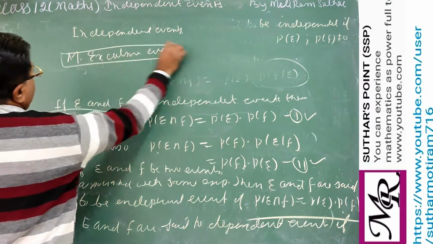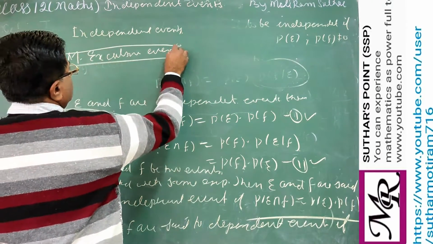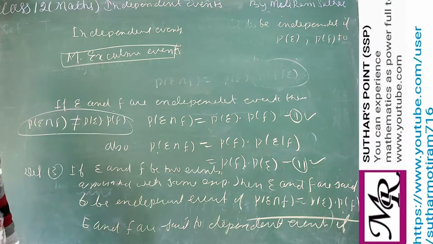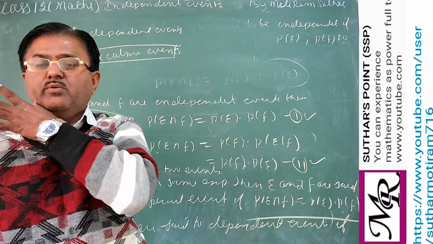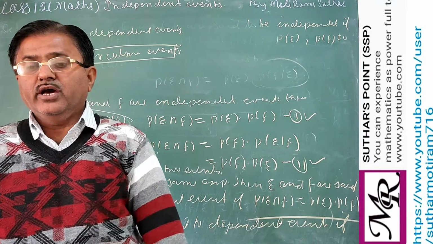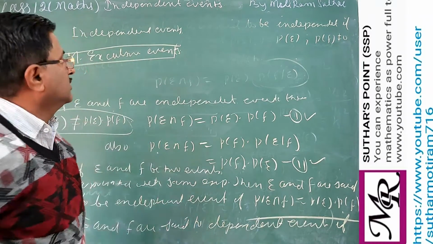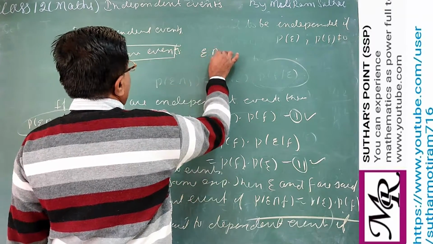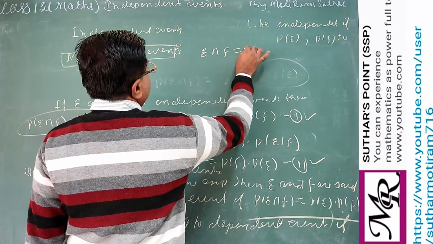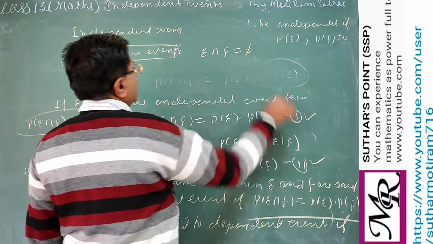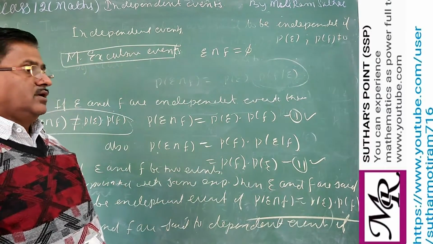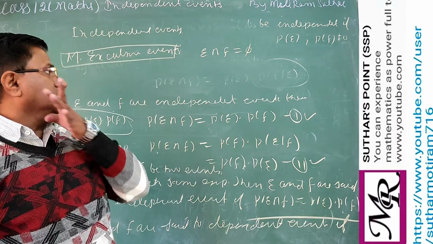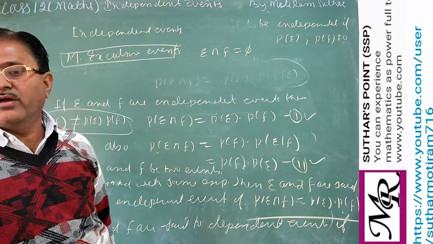In 11th class we saw the meaning of mutually exclusive events: events which are pairwise disjoint. If two events are mutually exclusive, then their intersection is equal to the empty set.